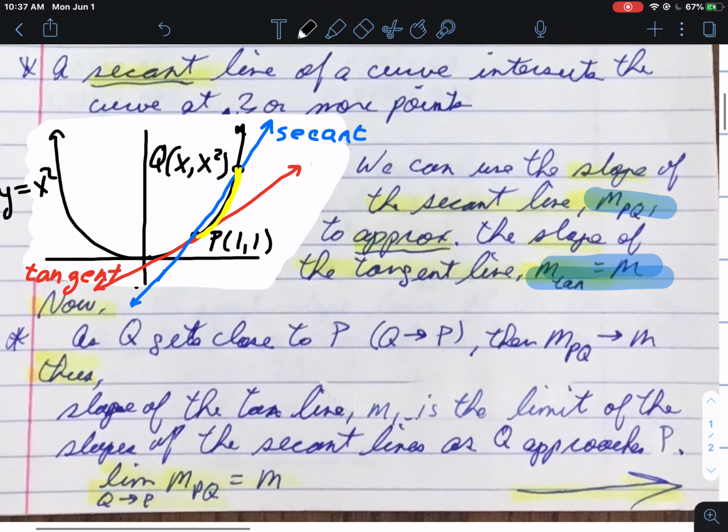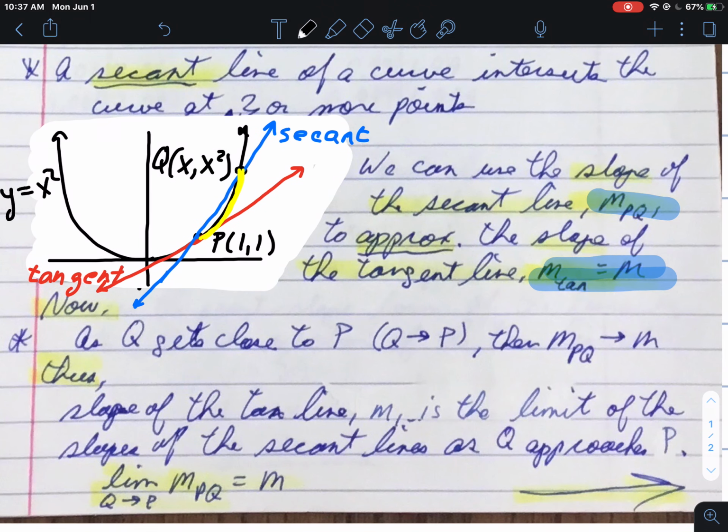So now, here's the idea. All right, so Q is getting closer and closer to P. And notice the notation. Half the battle. I always say this when I'm doing any math class. Calculus is certainly no different, probably even more so. Half the battle in understanding the concepts, understanding the topic, is understanding the language. And in calculus, you can throw in understanding the notations.